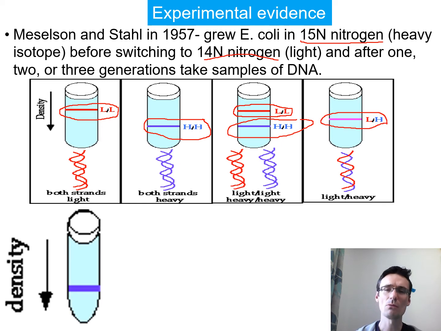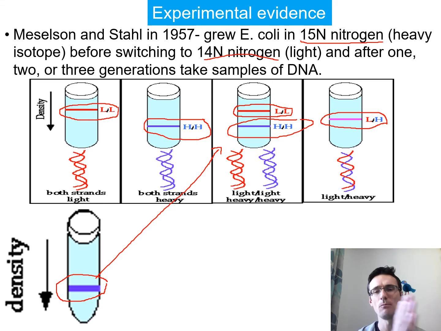So what happened first of all was that both strands of all the DNA molecules were heavy, so you get this heavy line towards the bottom. Now if we then add lighter DNA for the next generation, if it was conservative replication, making one totally new molecule, you would expect to see this box here, because that would mean you've got one original and one new one.